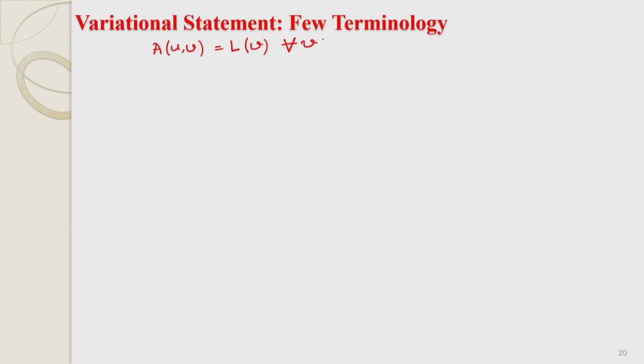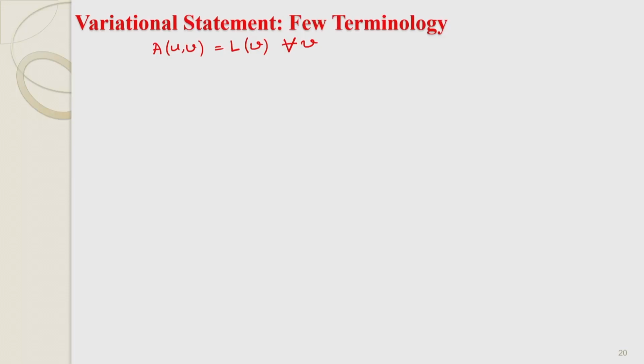Let me explain a few terminologies in abstract mathematics. Let us consider this is an operator which is taking two arguments from a vector space and it is mapping to some real space. So, u comma v belong to the vector space.